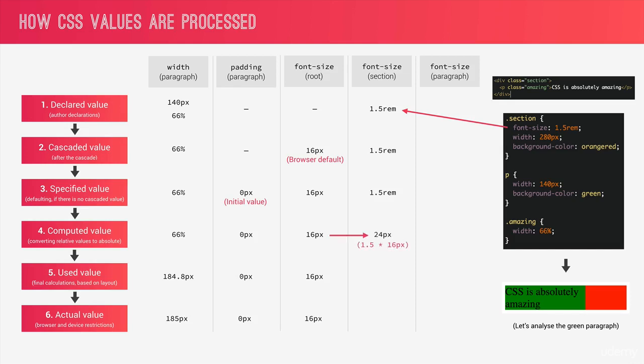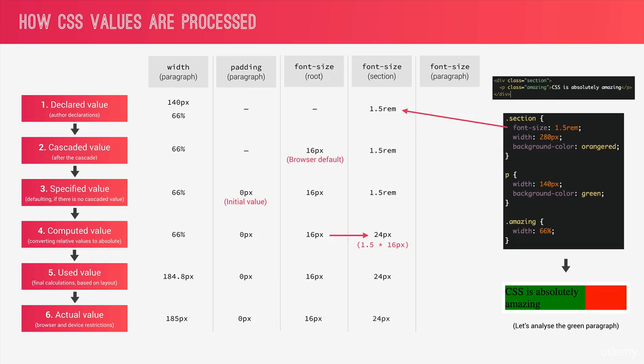It seems a bit random, right? It's because the rem unit is always relative to the root font size, which is 16 pixels in this example, as we saw before. And therefore, 1.5 rem is 1.5 times 16, which is 24. But I'm gonna explain this in more detail in the next slide, don't worry. Alright, and so 24 pixels is our final actual value as well.